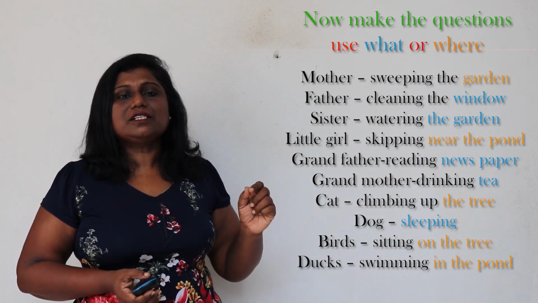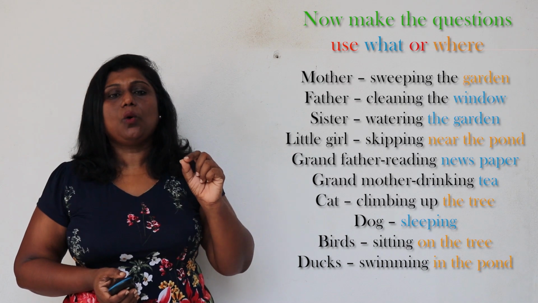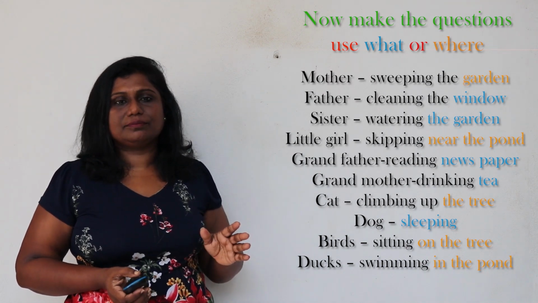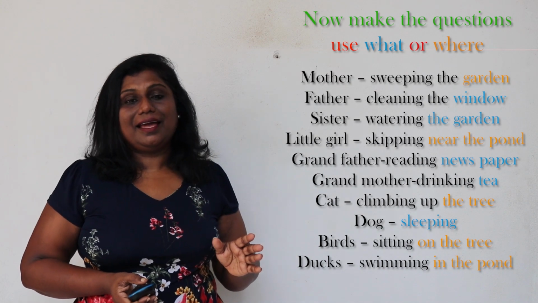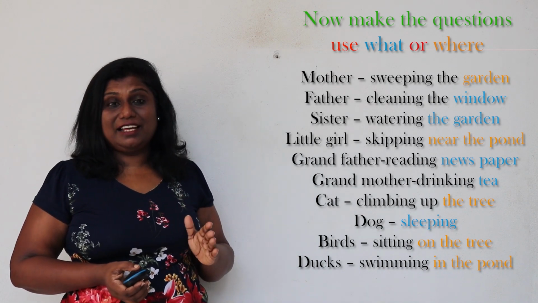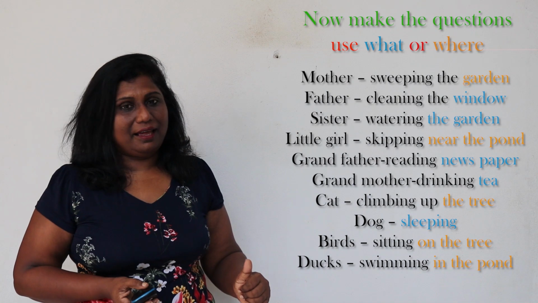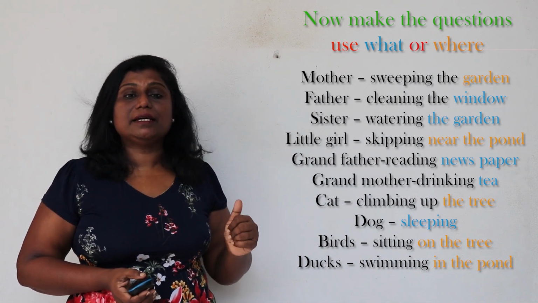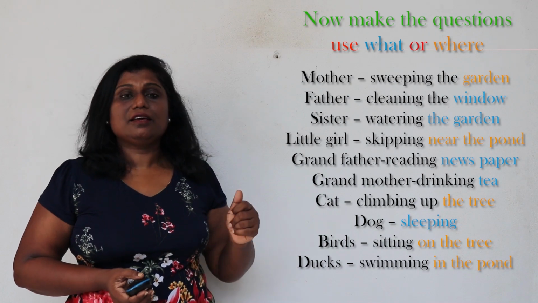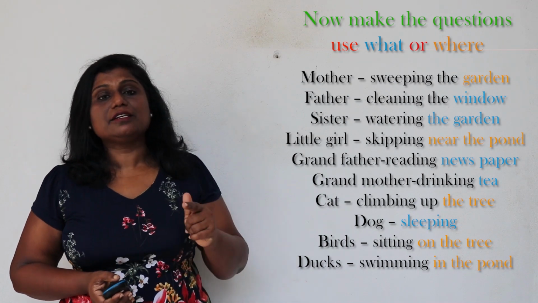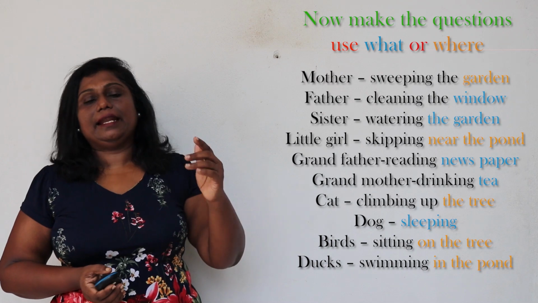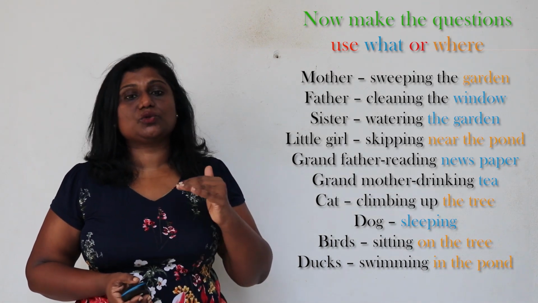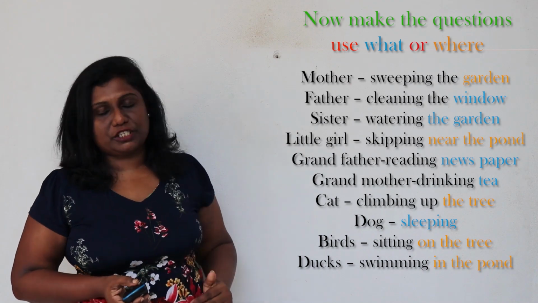Okay, now you have to write down the questions. I'll give you an example for the first one. As it is in orange color, you have to use where. Where is mother sweeping? Okay, like that, write down 10 questions to get the answers which are highlighted.